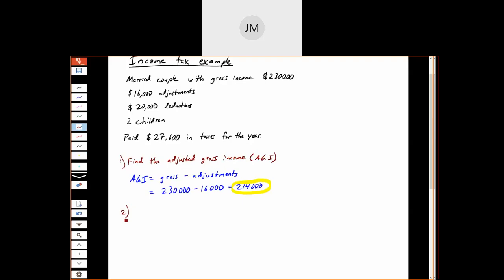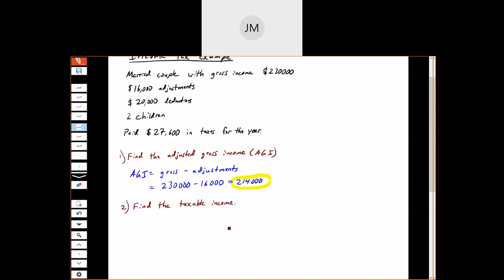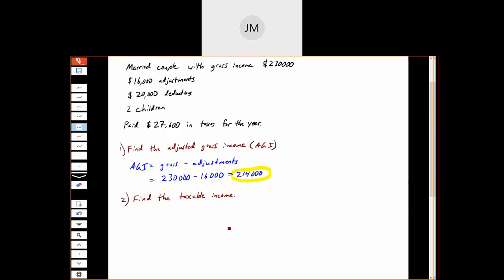Okay. Step 2, let's find their taxable income. This is the part where we have to subtract out the deductions. To give you a little bit of history, prior to 2018, we would also subtract out what are called exemptions.